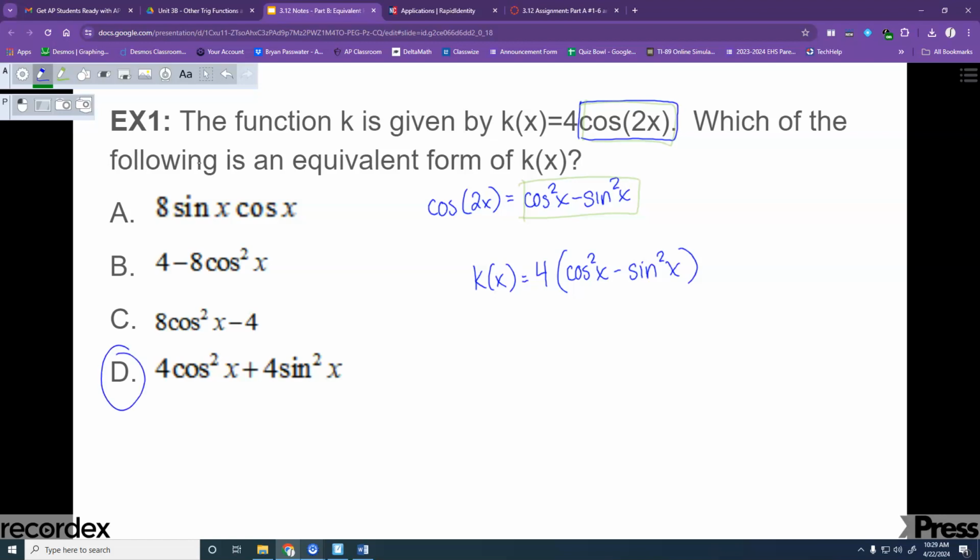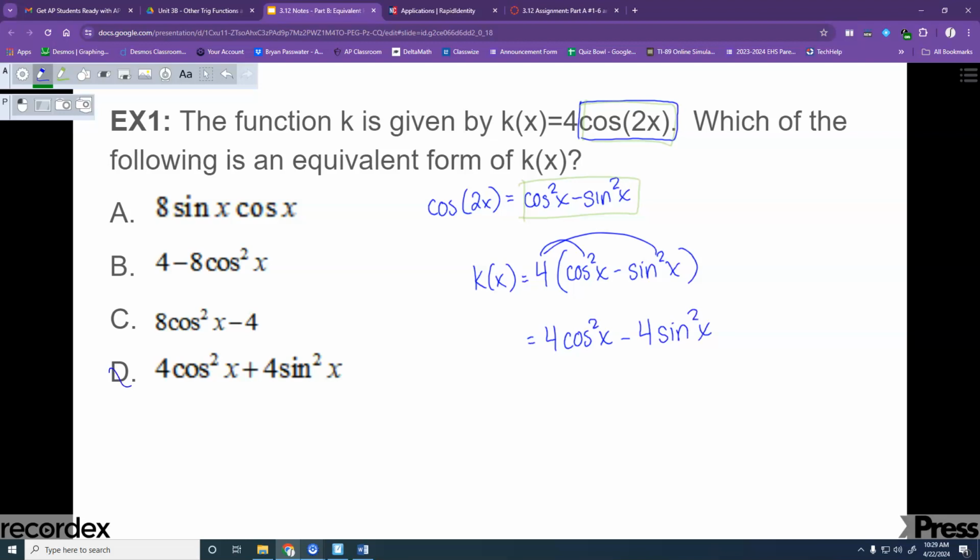It's going to be D, because you'll just distribute that 4 right there, and you will get 4 cosine squared x. Oh, wait, no, hold on. What am I thinking? It's not D. Why is it not D? Oh, 4 sine squared x. Is that an answer choice? Oh, no, it's not an answer choice.